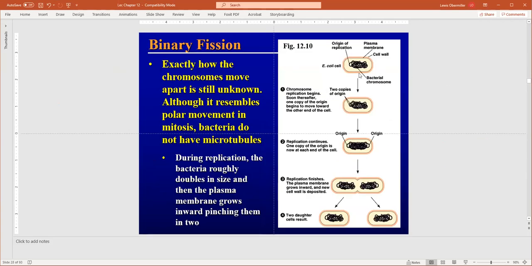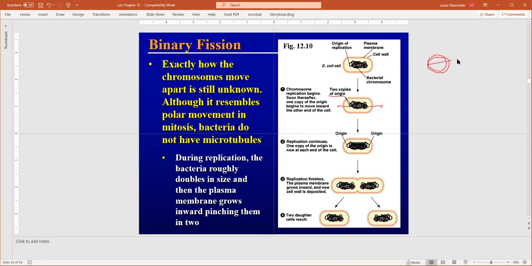All right. So this is what we do know, that bacteria have a circular chromosome. I might ask you on the test, what kind of chromosomes do bacteria have? Make sure you tell me they're circular. It copies itself, but it's still attached to the origin of replication. So there's two circles, another copy made. Those somehow get moved to the other end. We really don't know.